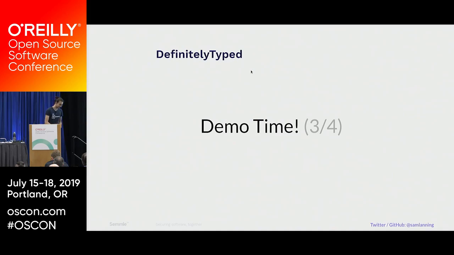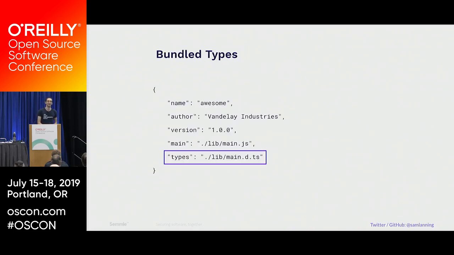So that's all well and good, but that still requires additional effort. It's not just working outside of the box. Shouldn't there be a way that a library that we install comes along with type definitions as well as the code that's actually being run? Well, yes, and that's possible.